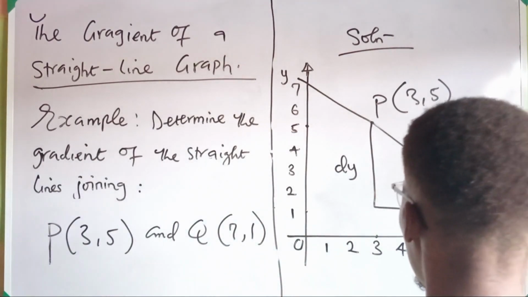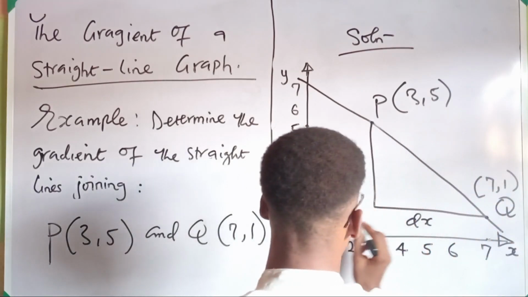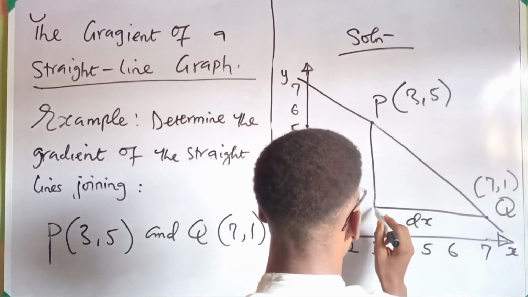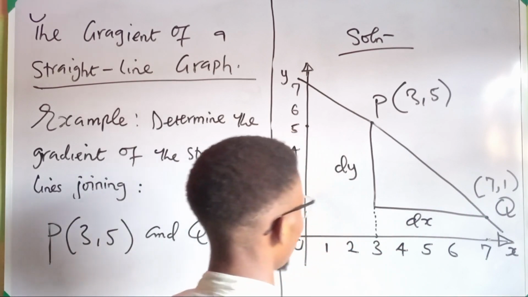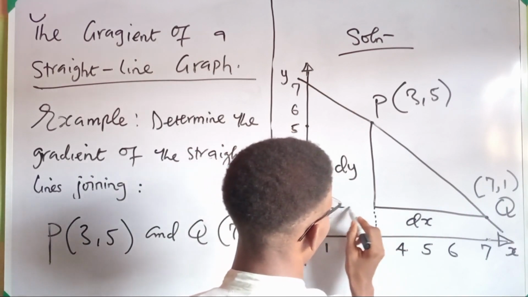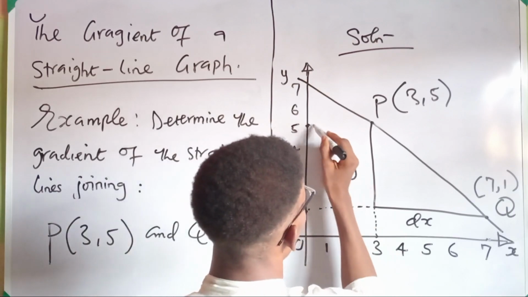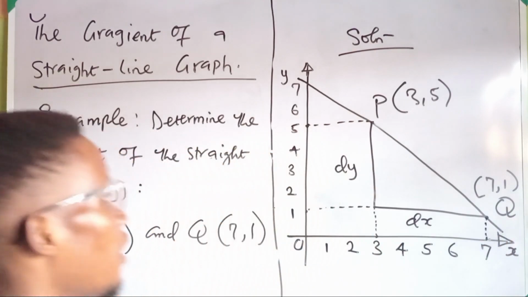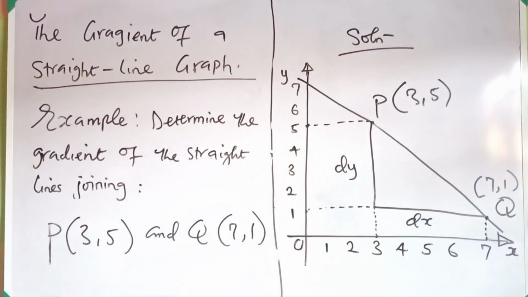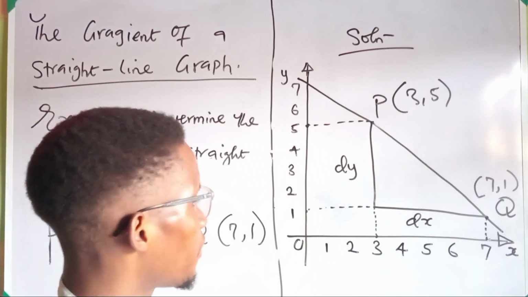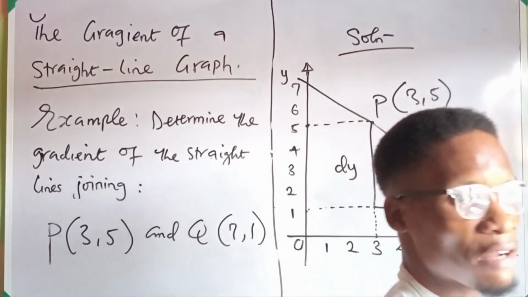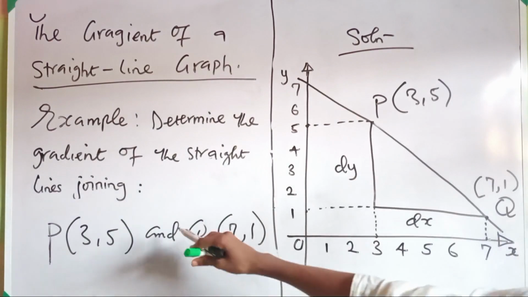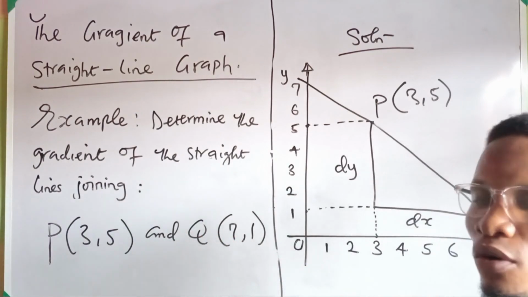Now just extend this to this place, extend this, and extend this like this. We are done with your graph. So this is the pictorial, graphical representation of what we are given to solve.